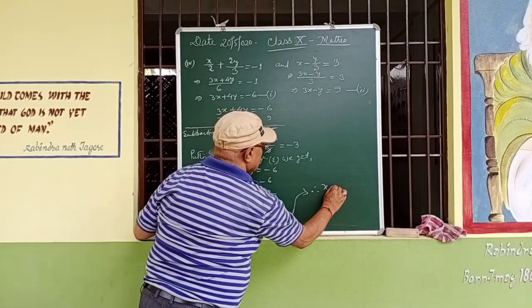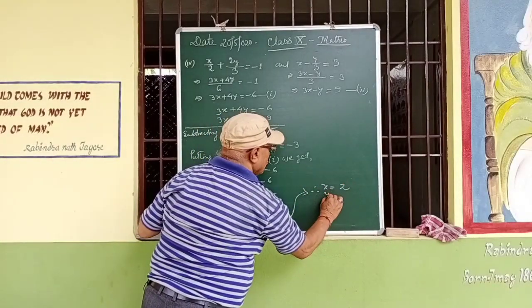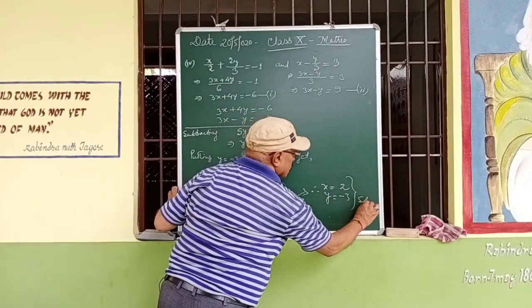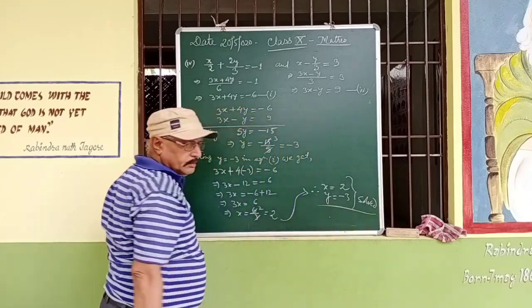Therefore, x is equal to 2 and y is equal to minus 3. This is the solution. Okay.